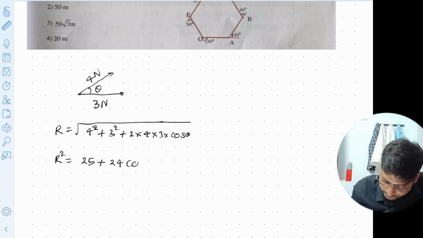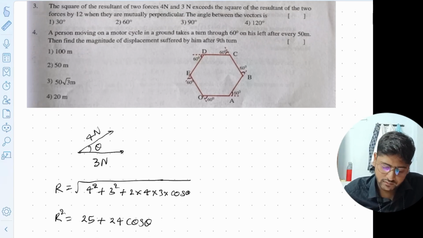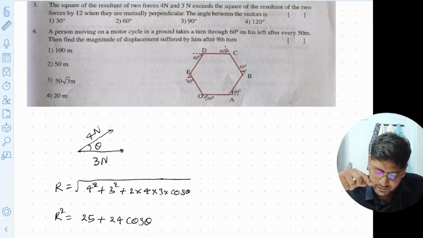24 cos theta. It is saying the square of the resultant of the two forces 4 newton and 3 newton exceeds the square of the resultant of the two forces by 12 when they are mutually perpendicular.